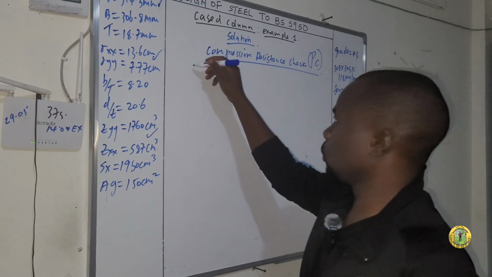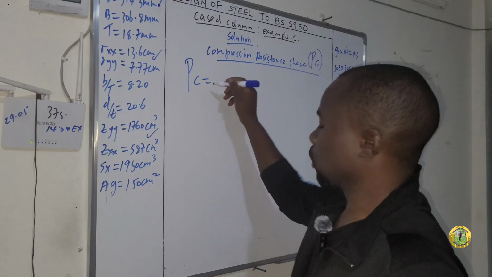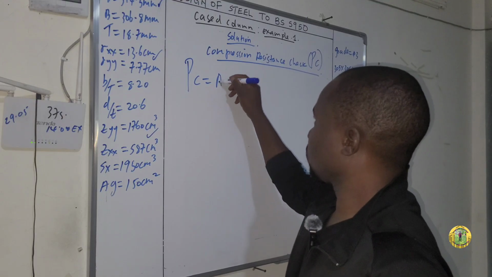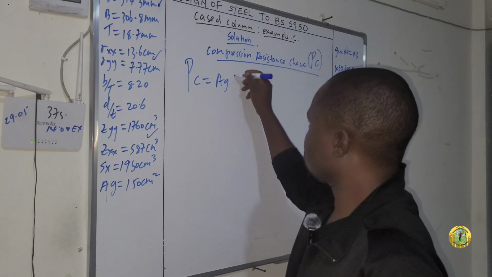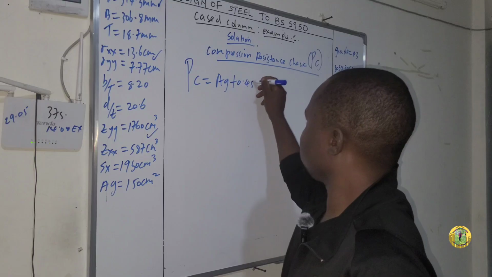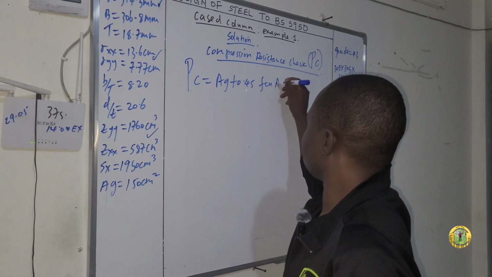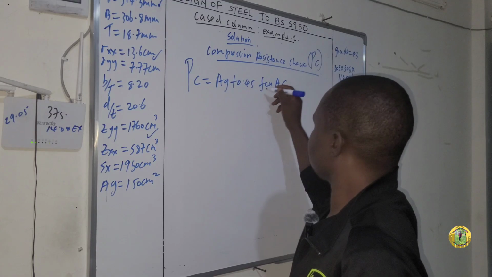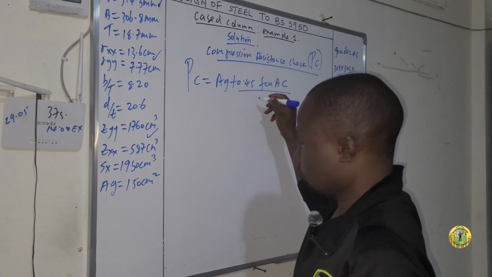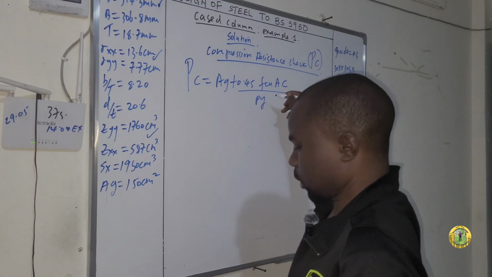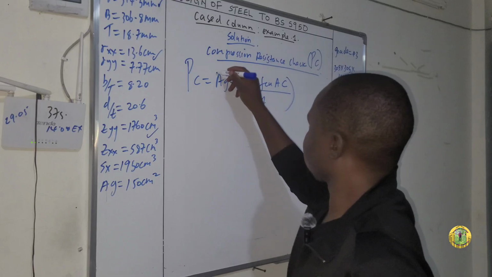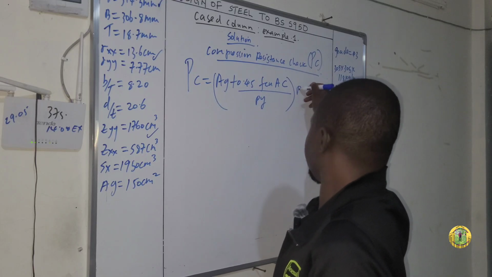So PC, capital PC, is equal to AG plus 0.45 FCU AC all over PY multiplied by PC.